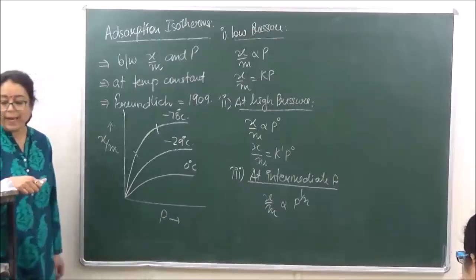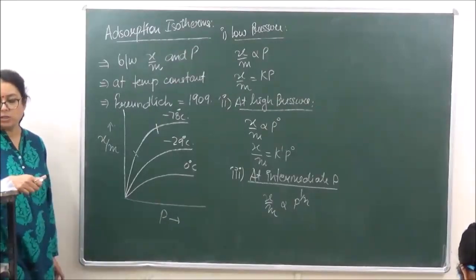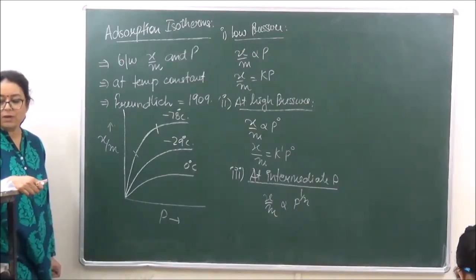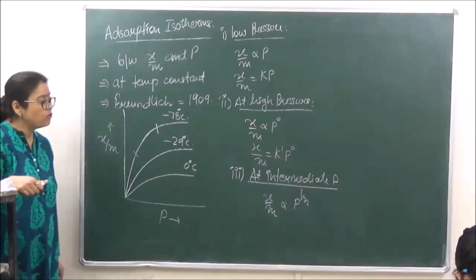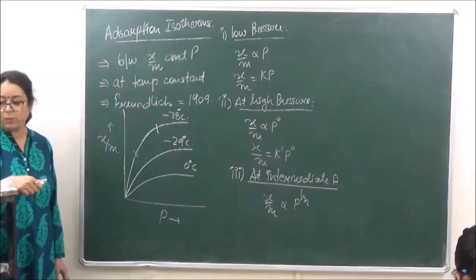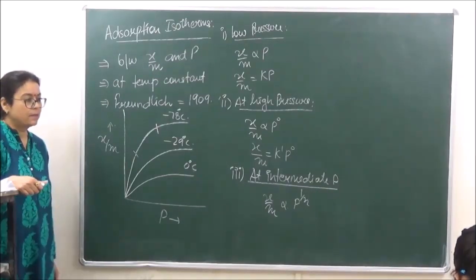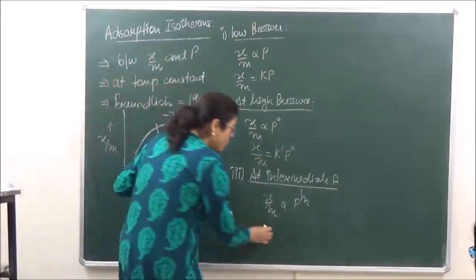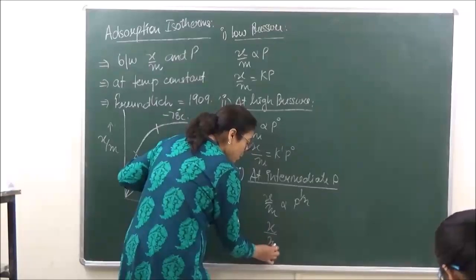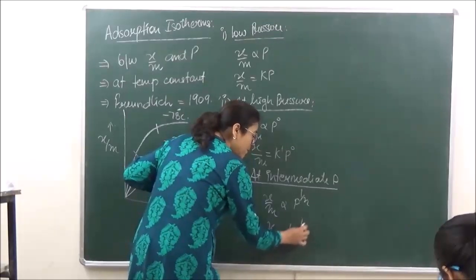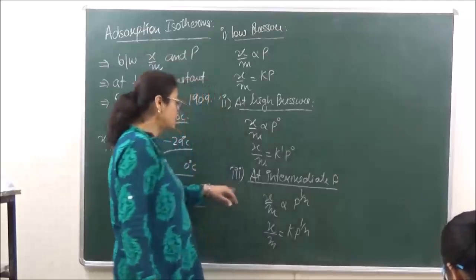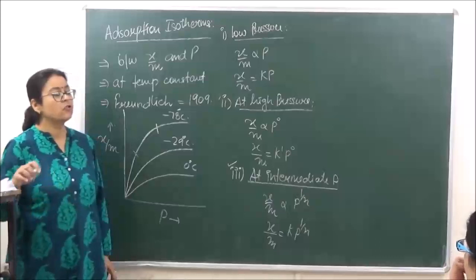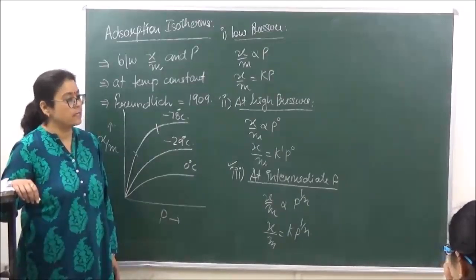Okay, where n was any integer, and the value of n was anything between 0 to 1, right? So now this expression becomes x upon m is equal to Kp to the power 1 by n. This expression at intermediate pressure explains the Freundlich adsorption to the best of extents.